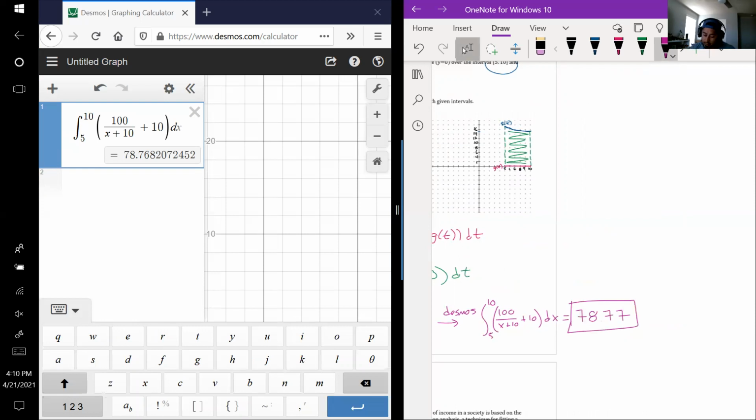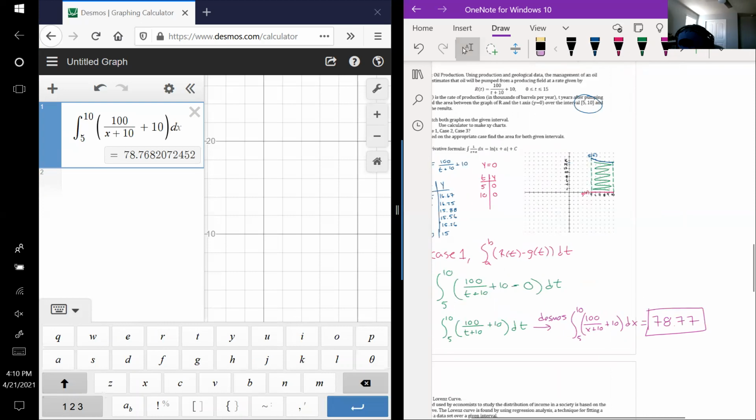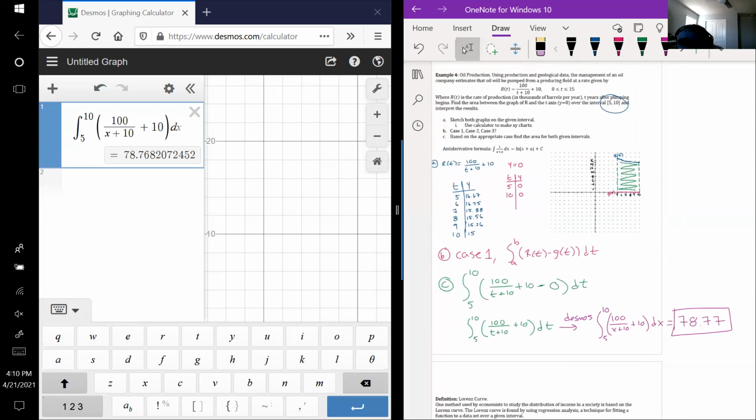Okay. So I don't think this problem's done yet because it says find the area between the graph of R over the interval 5 to 10 and interpret the results. Okay. So what we're finding here is the amount of barrels per year, but remember that barrels is going to be in the thousands.